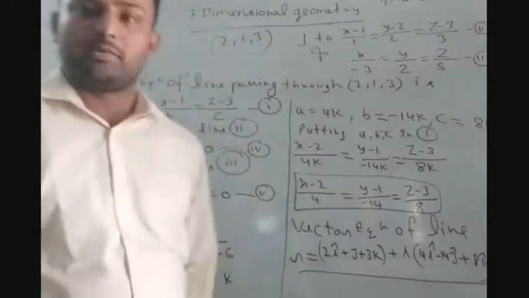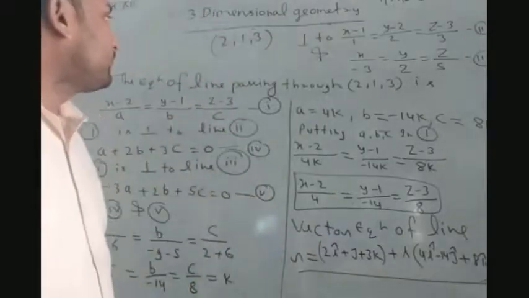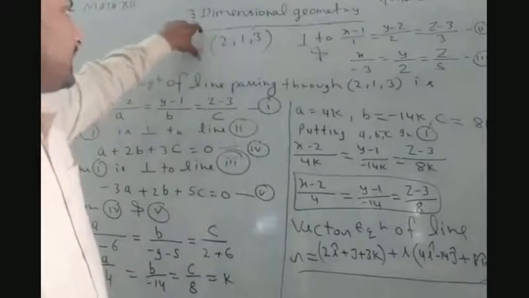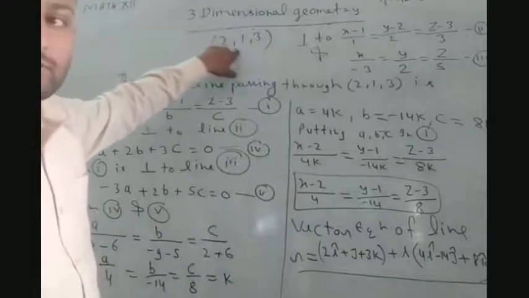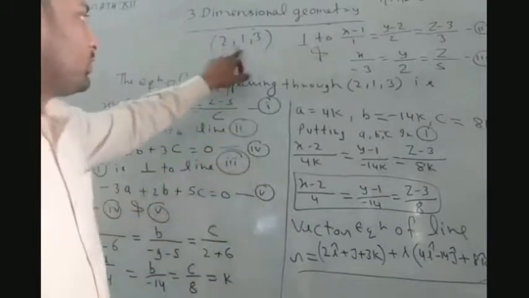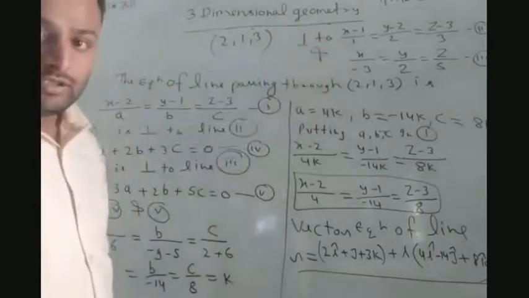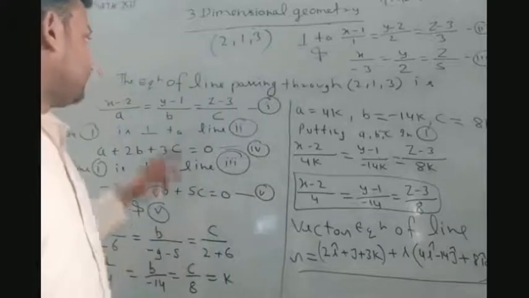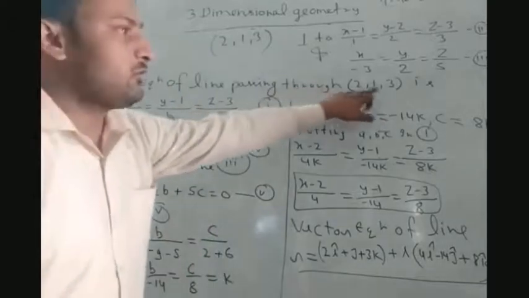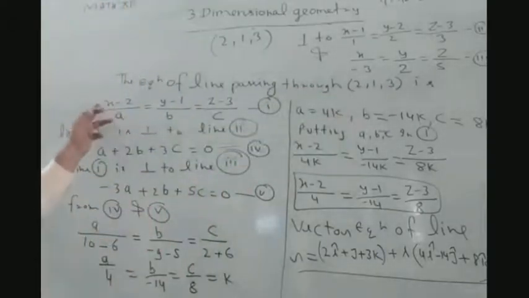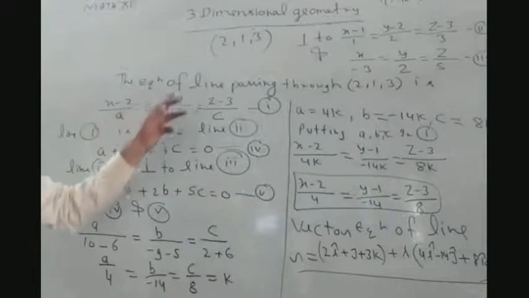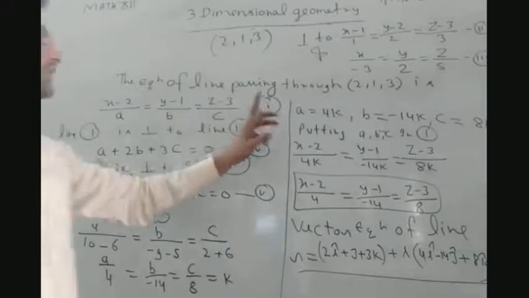So what we have done in this question: we are given that we have to find the equation of the line which is passing through 2, 1, 3 and perpendicular to the two given lines. First we write the equation of the line passing through the point 2, 1, 3, which is x minus 2 by a, y minus 1 by b, z minus 3 by c. This is our equation number first.